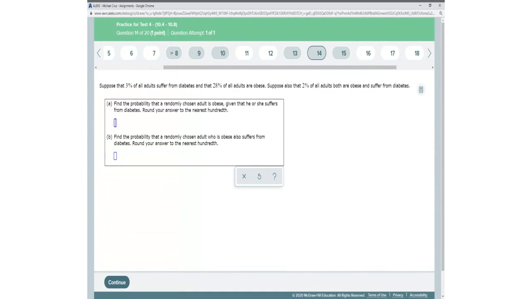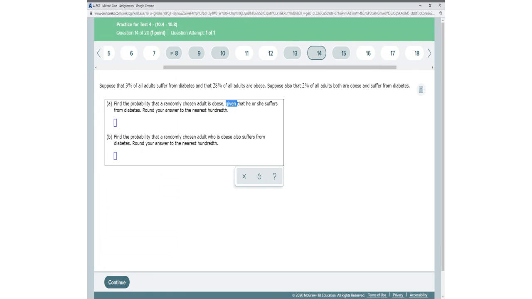All right. This problem deals with what we would call conditional probability. And how do we know that? Because they have that keyword, given.